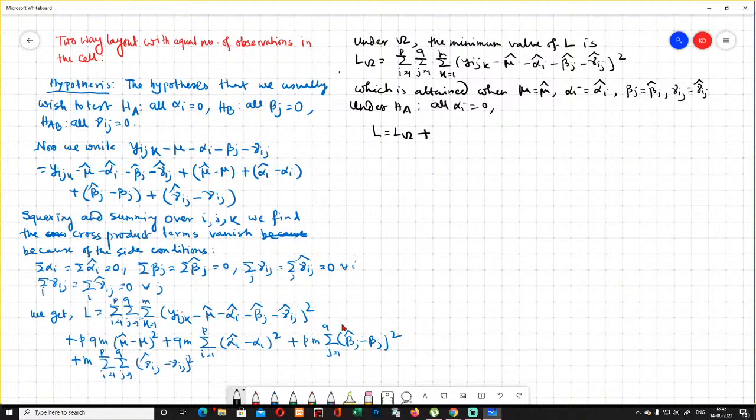So this should be Qm sum over i from 1 to p alpha i hat square, because all alpha equal to 0, plus Pm sum over j from 1 to q beta j hat minus beta j square plus m into sum over i from 1 to p, j from 1 to q gamma ij hat minus gamma ij square.